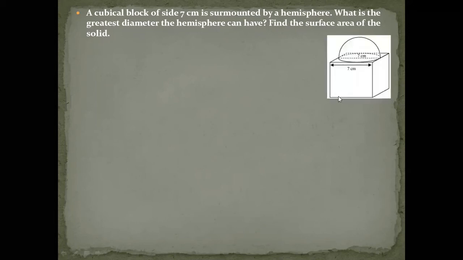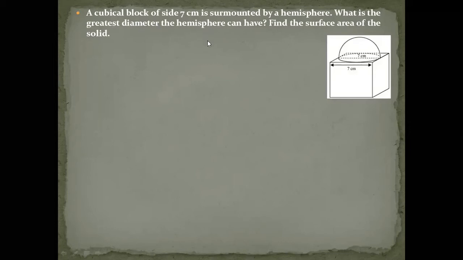So let us see first the diagram of this one. You can see here, this one is a cubical block, right? Cubical means all the sides are equal, that is 7 centimeter, and this one is surmounted by a hemisphere, you can see here. So we have to take the greatest diameter of this hemisphere.